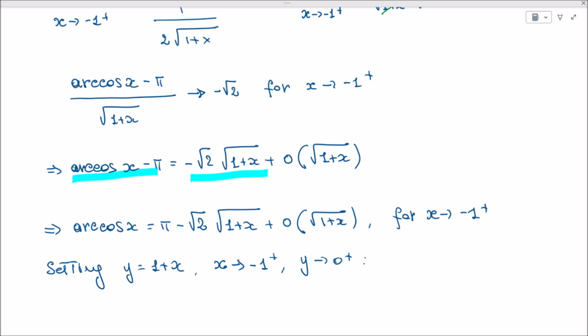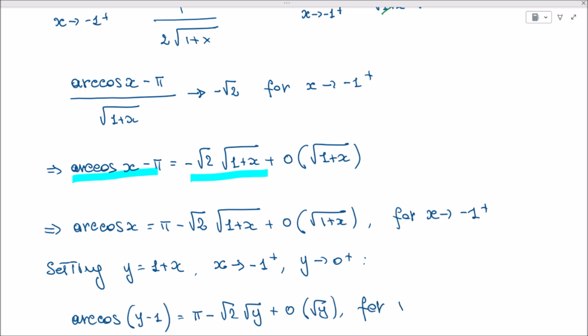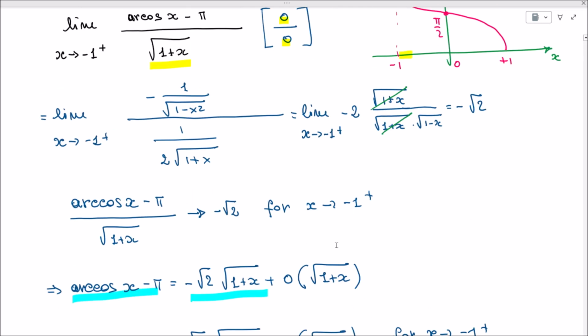So we can rewrite this as the arc cosine of y minus 1, which is equal to pi minus square root of 2 times square root of y plus little o of square root of y for y that goes to 0 plus. Let's try to interpret this result.